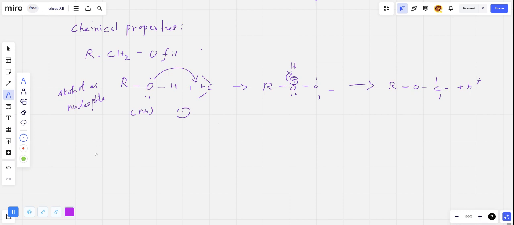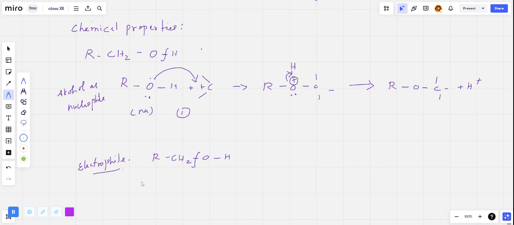The second one: alcohol as an electrophile. How can it act as an electrophile? The bond between C and O is broken. For RCH2OH, as a nucleophile the bond is broken between O and H; as an electrophile the bond between C and O is broken, and the breaking takes place on this side.